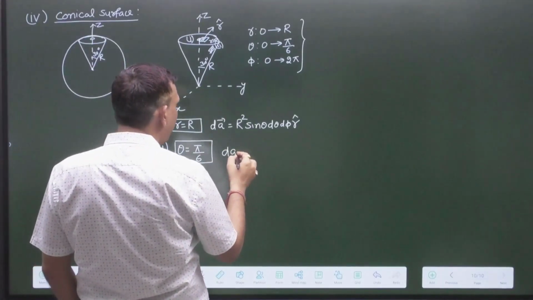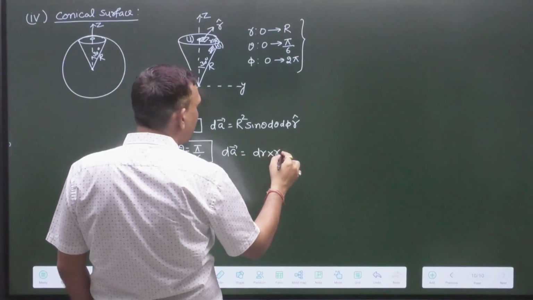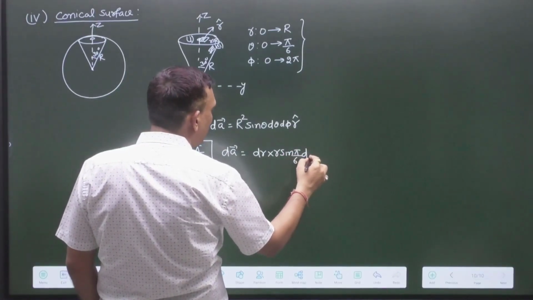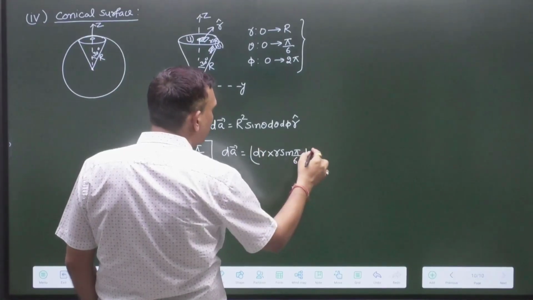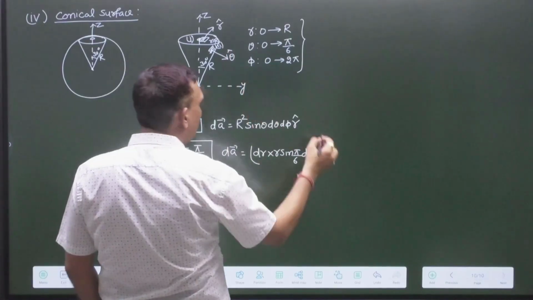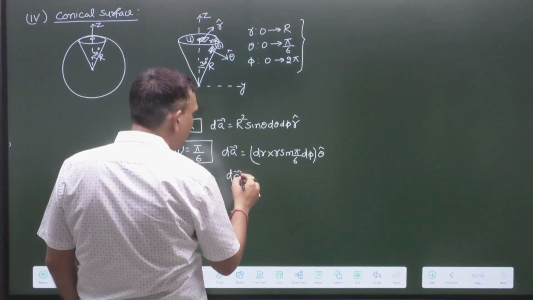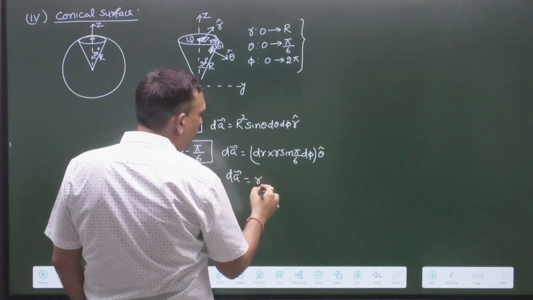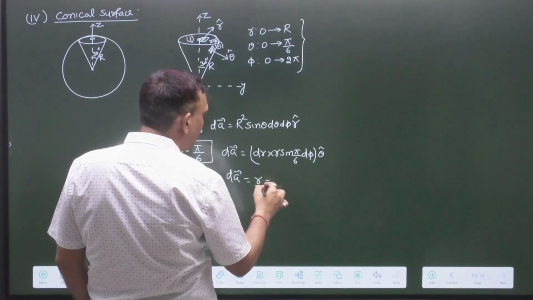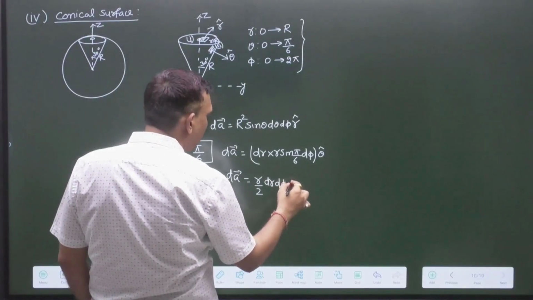So dA is given by dr into r sine pi by 6 d phi, and what will be the direction? Theta cap. This direction will be theta cap. So dA on this surface is, and sine 30 is 1 by 2, so r by 2 dr d phi, and direction is theta cap.